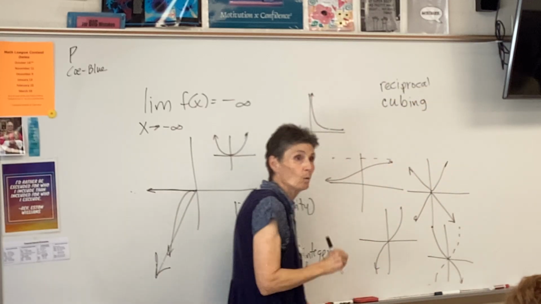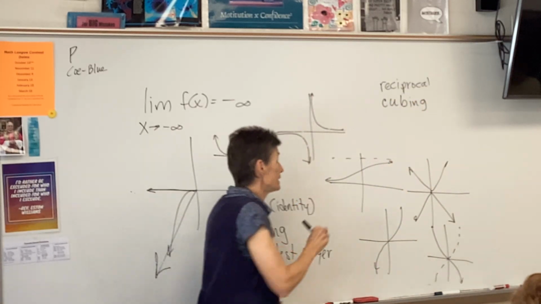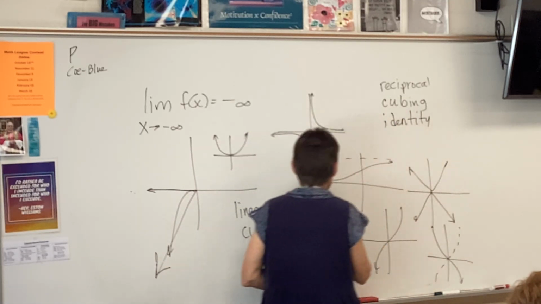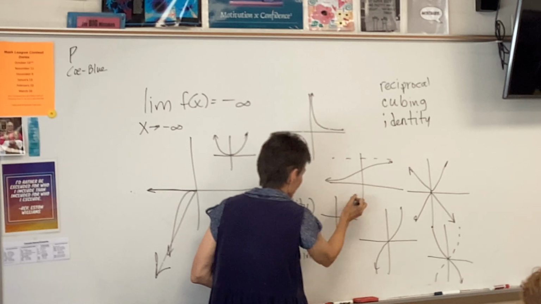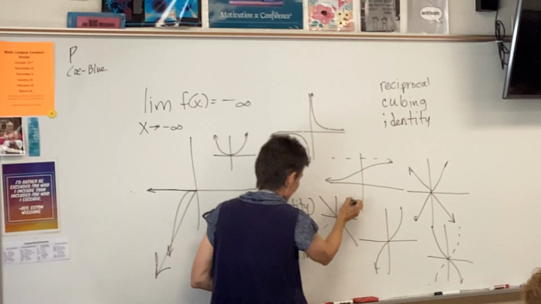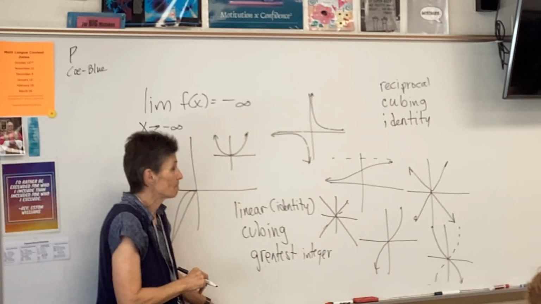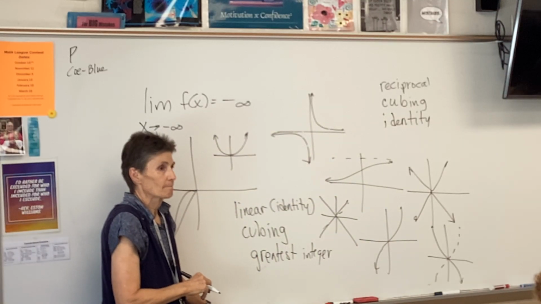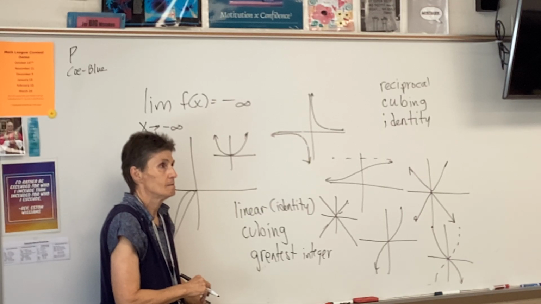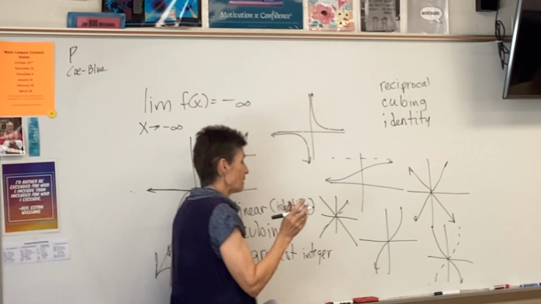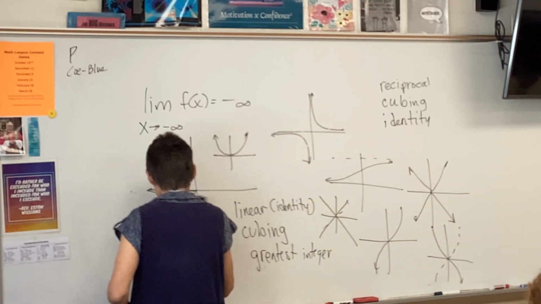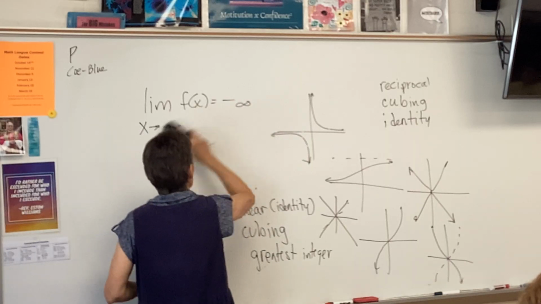Can you think of another one, Finn? Identity. That's another one. Because if you turn it upside down, here's the original. Upside down would be this. Flipped across the y-axis would be back to the original. Now think about the open dots on that one.